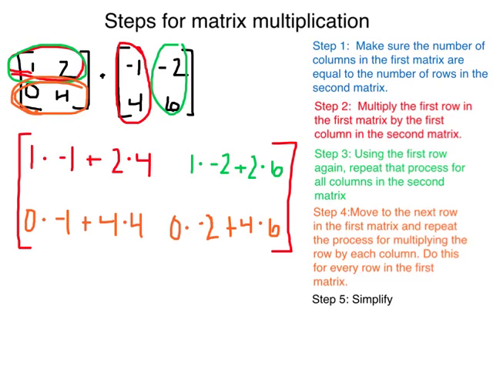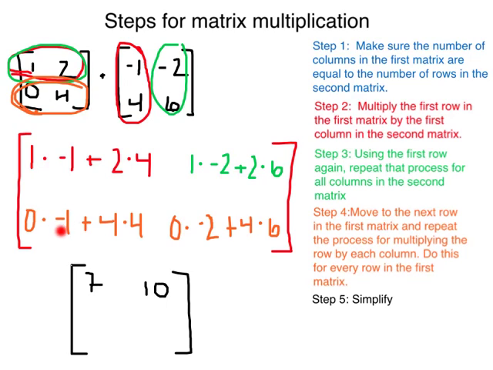Alright, so after we multiply every row in the first matrix by every column in the second matrix, the last thing we need to do is simplify. So I'm going to start here. Negative 1 times 1 plus 2 times 4 would be 7. Here we've got negative 2 plus 12, which would be 10.